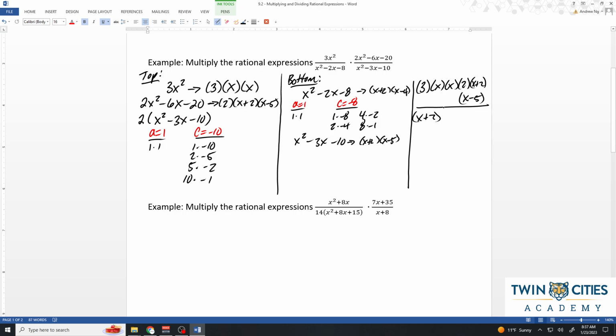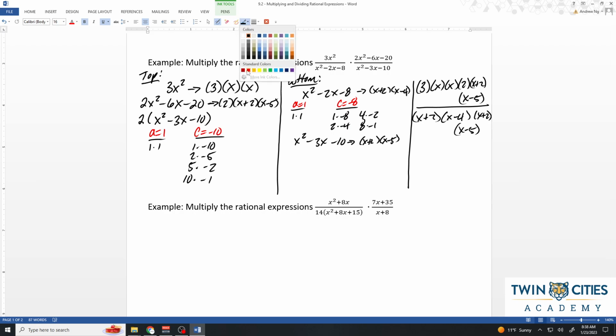Now all the bottom parts: x minus 4, x plus another 2 here, and then x minus 5. So this is the top, this is the bottom.